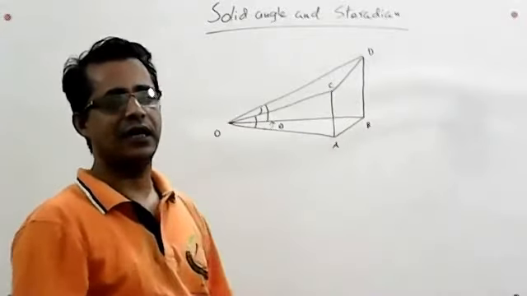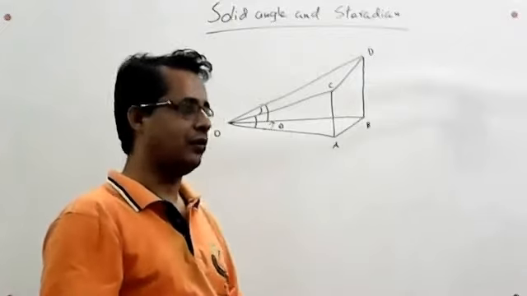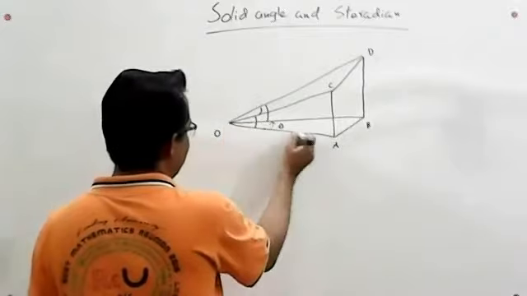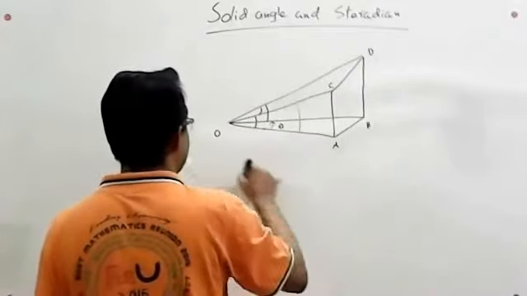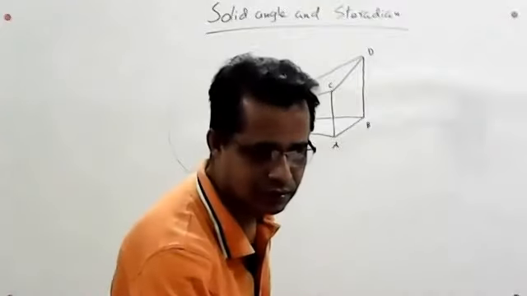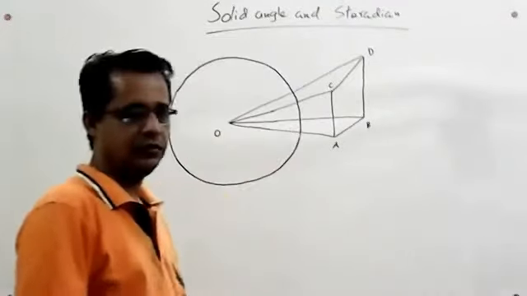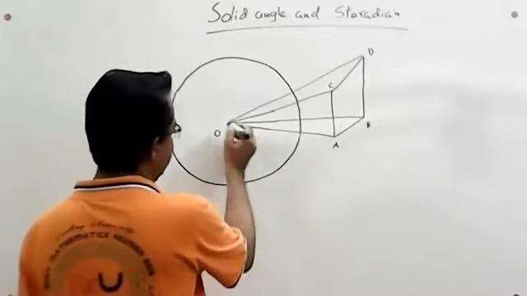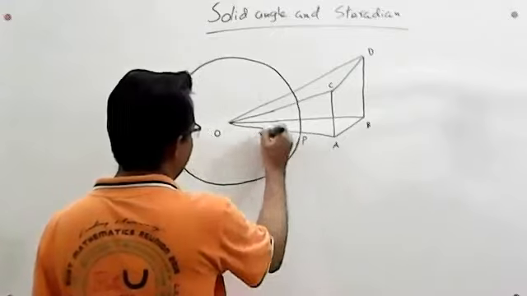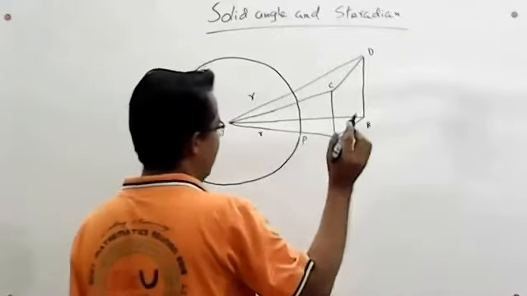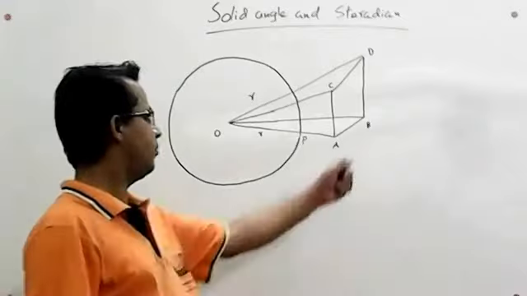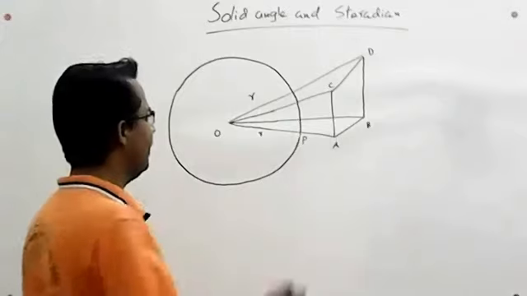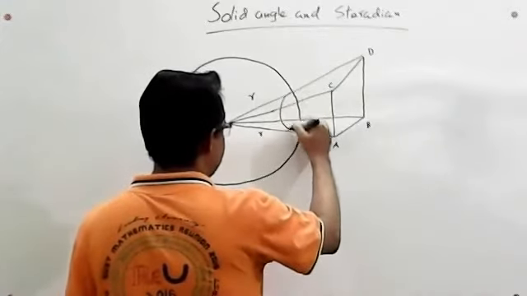For measuring this angle, we consider a sphere with the center O like such. This is a sphere. Here we consider a sphere with the radius OP equal to R. This is the radius. And we have got a projection of this surface on the spherical surface, like such a conical surface.